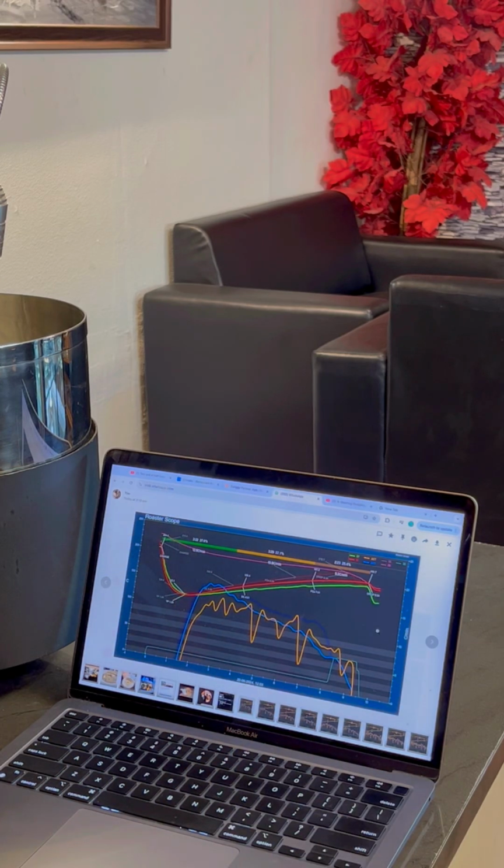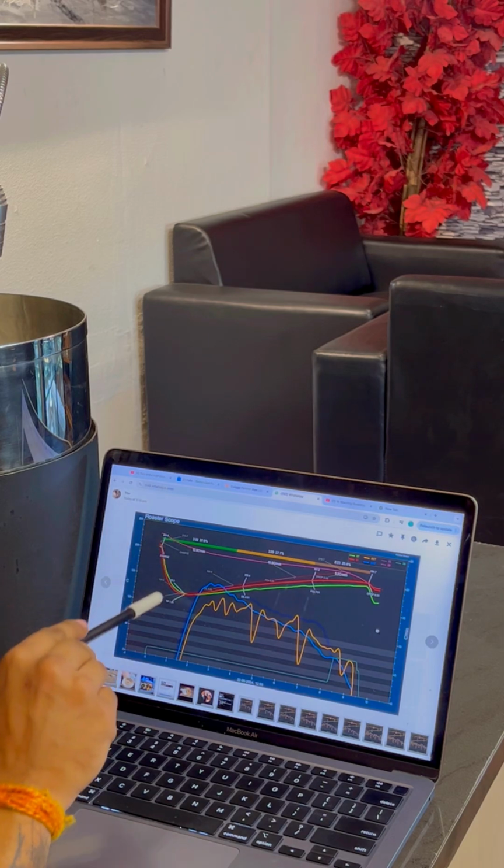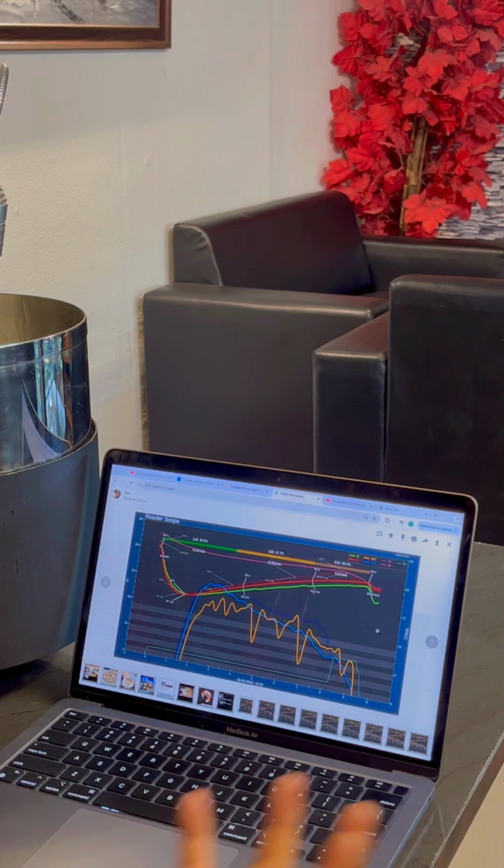start increasing the temperature. So let's assume my beans are at room temperature of around 45 degrees Celsius, and my roaster is heated at 210 or maybe 220. When I drop the beans, I see a quick drop in the temperature because those beans are absorbing the energy of my roaster.